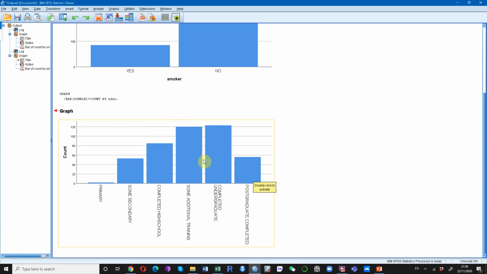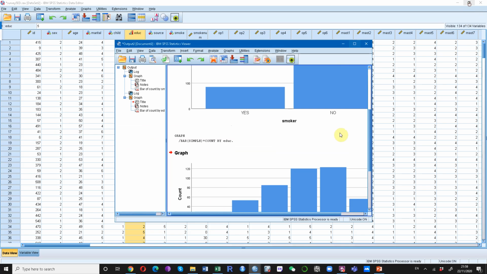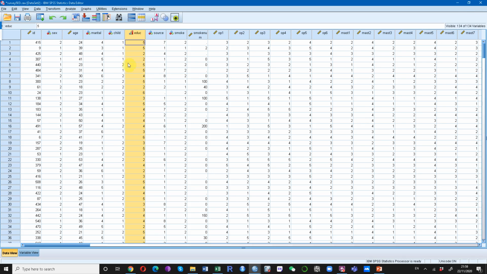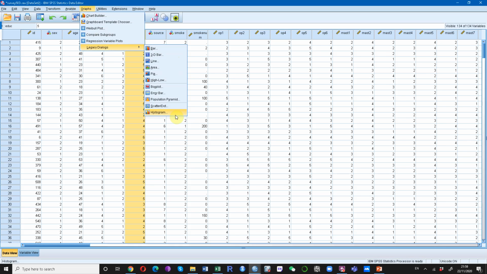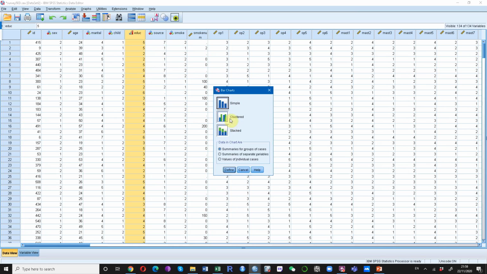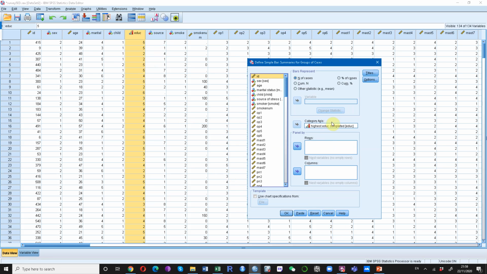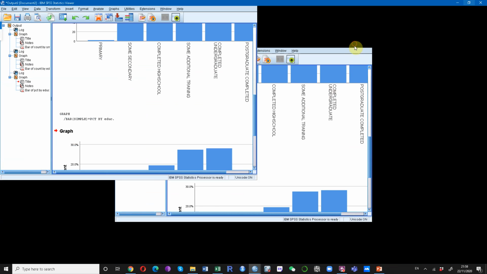But you could also use percentage. For example, if I do the same bar chart but with percentage, it looks the same, but the indicator will be different. Now I choose percentage of cases, click OK.